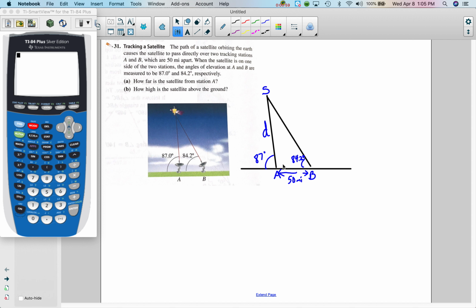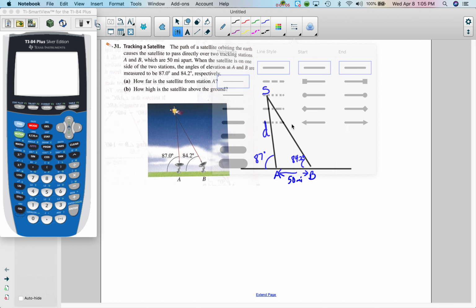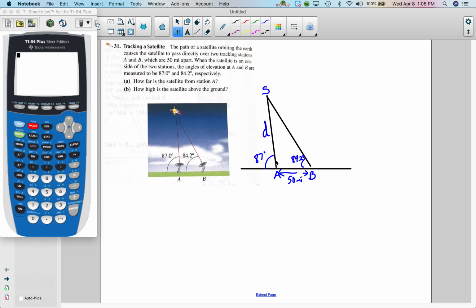Now, you got to use a little bit of geometry. So for example, if I know that this angle is 87 degrees, then I also can figure out this. So this angle here is going to be 180 minus 87 degrees, so we get 93 degrees. So I'm going to put that here.